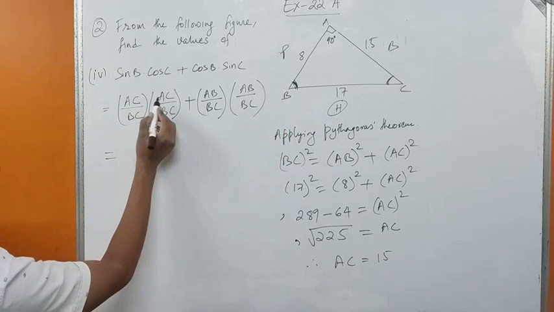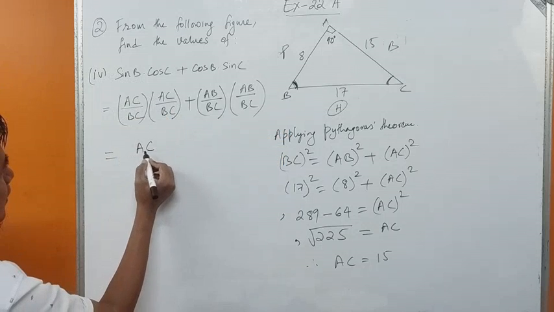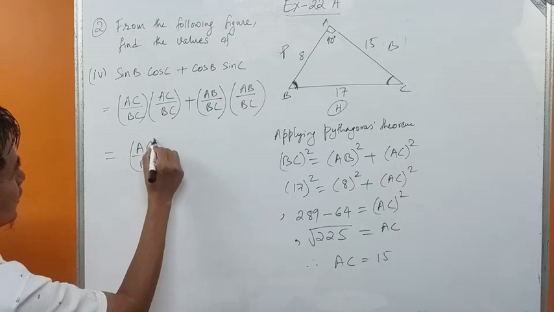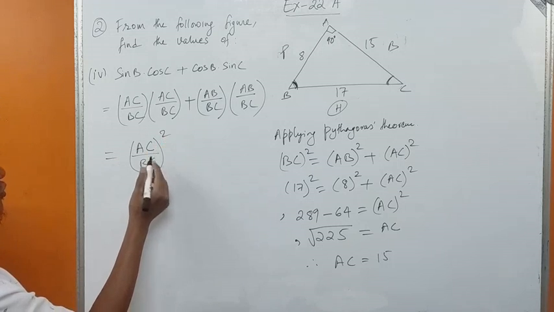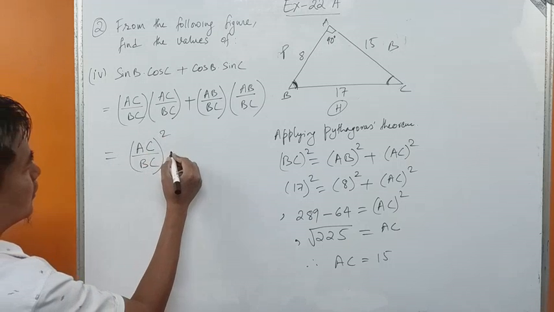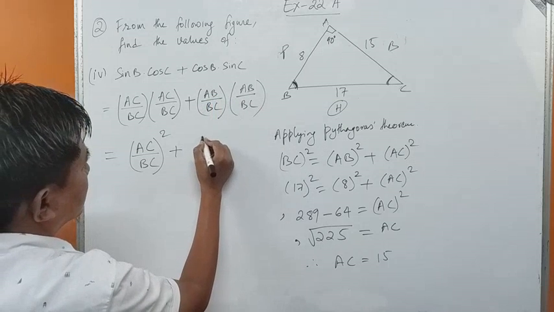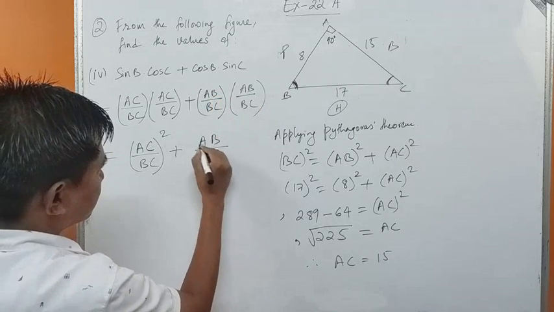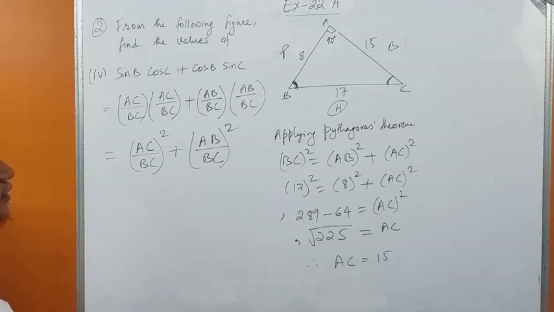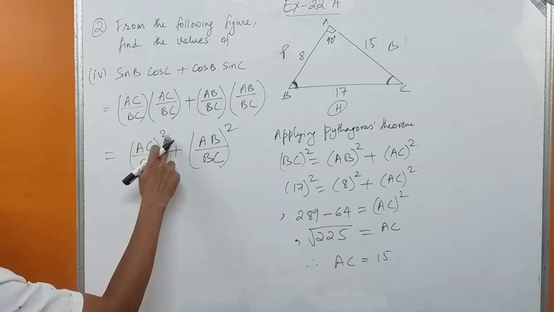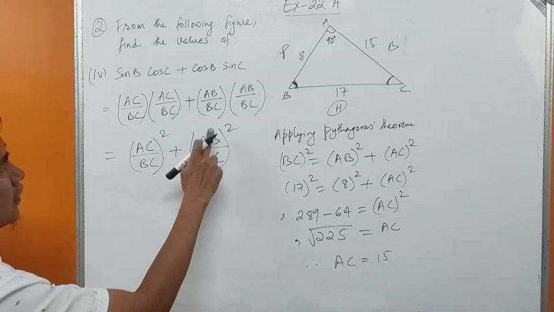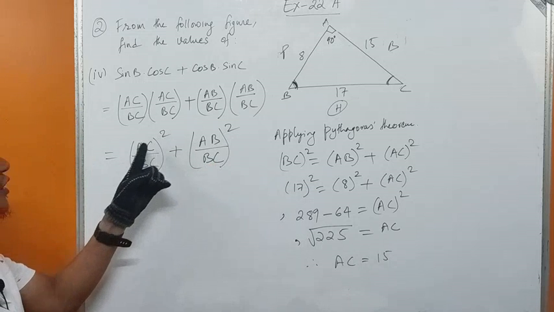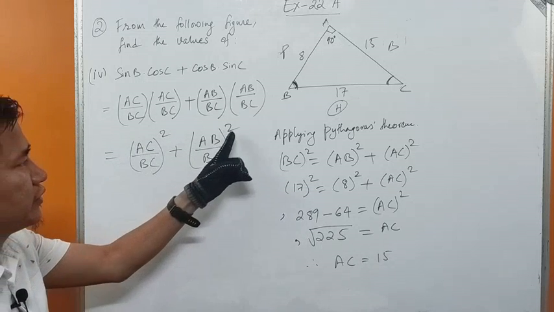So this gives us AC into AC, AC square, BC into BC, BC square. So AC upon BC whole squared, plus AB into AB, AB squared, BC into BC, BC squared, so whole squared. This square is for both the terms, numerator and denominator.